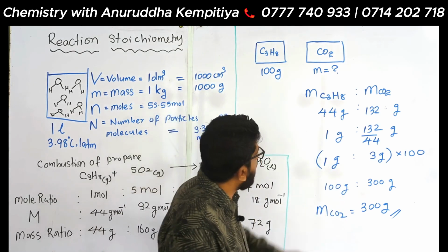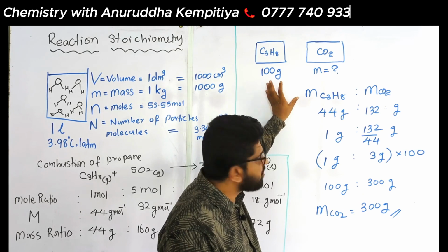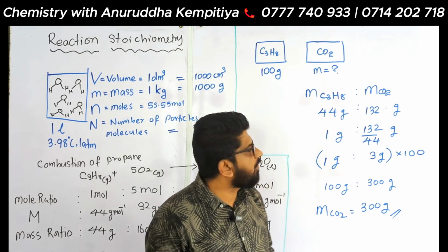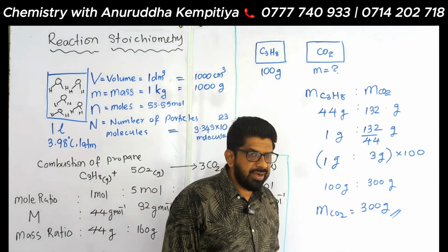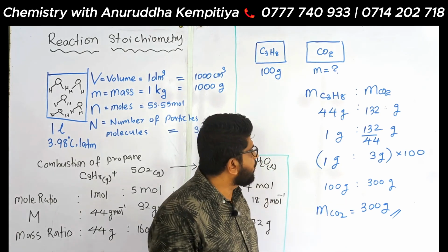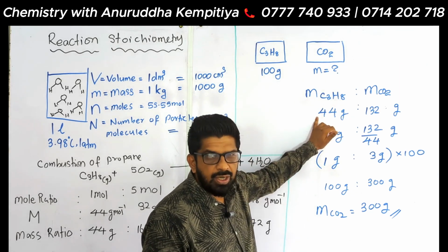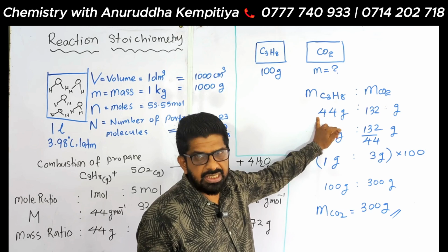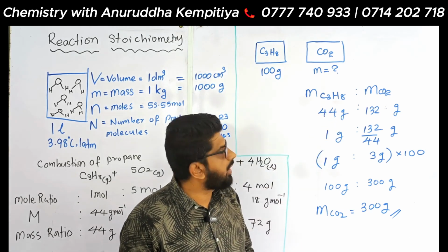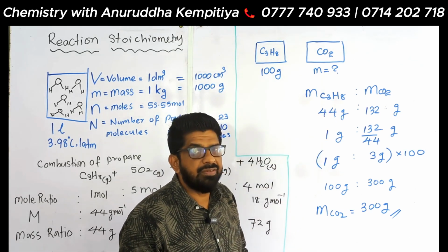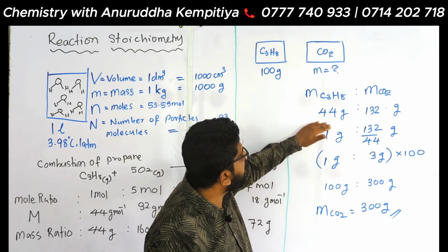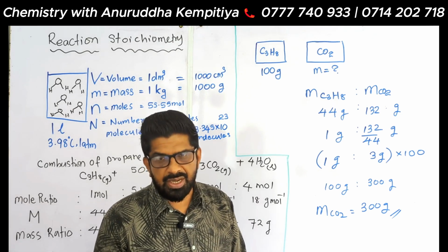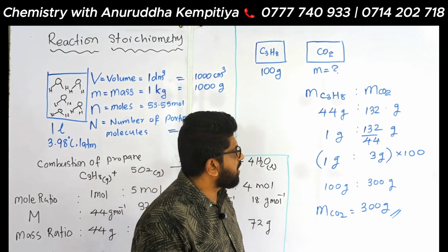So I have 100 grams, not 44 grams. So I need to convert this 44 grams into 100 grams. It is easy to convert 44 into 1. So I'm going to divide both sides by 44 because any ratio can be divided by the same number on both sides.